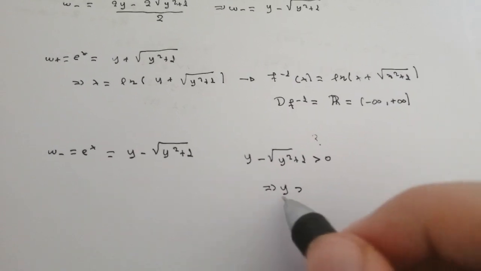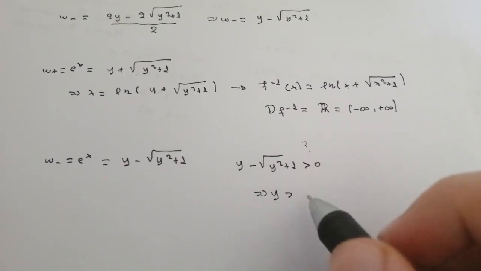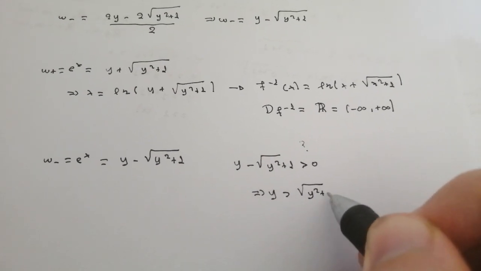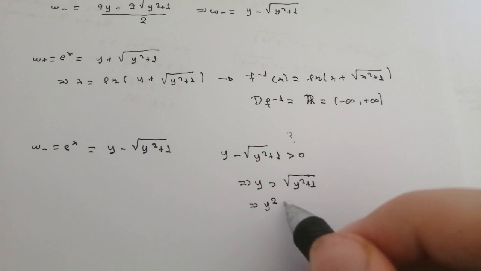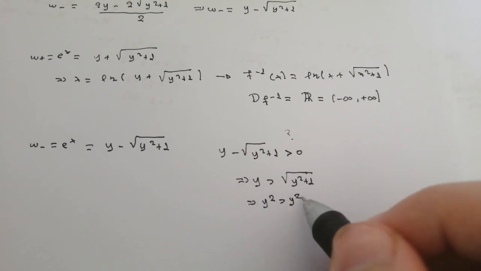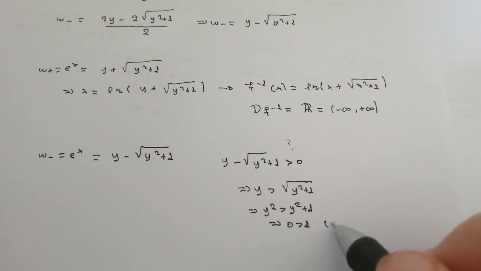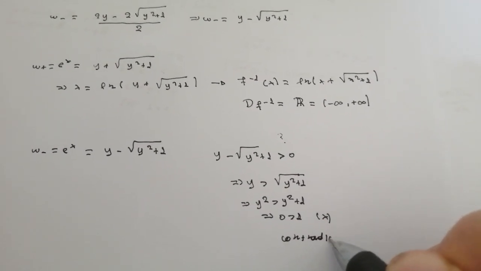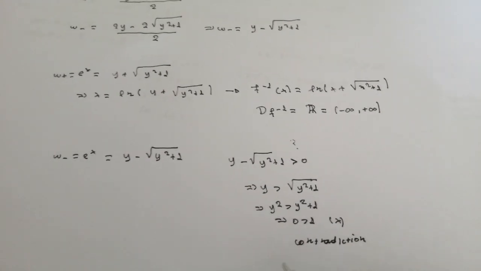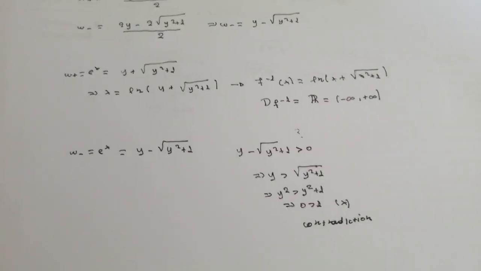We can rewrite this, this goes to the other side, to the right hand side. So y squared is greater than y squared plus 1, and this gives that 0 is greater than 1, which is a contradiction. Therefore, we neglect this option.